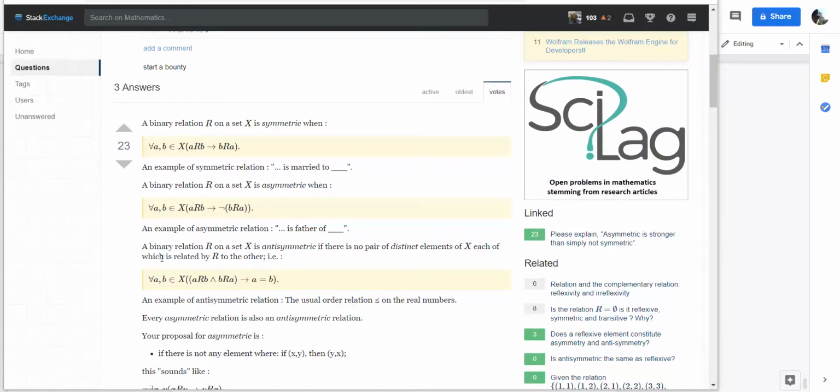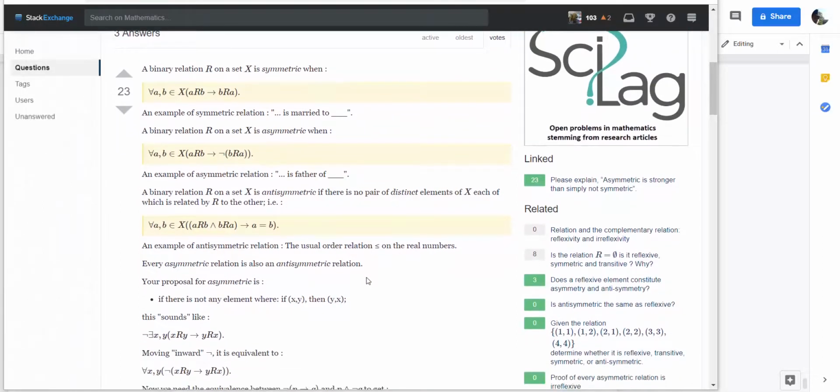Antisymmetric if there is no pair of distinct elements of X, each of which is related by R to the other. The usual order relation, less than or equal, upon the real numbers. Every asymmetric relation is also an antisymmetric relation.